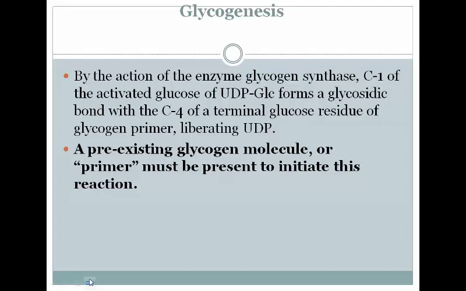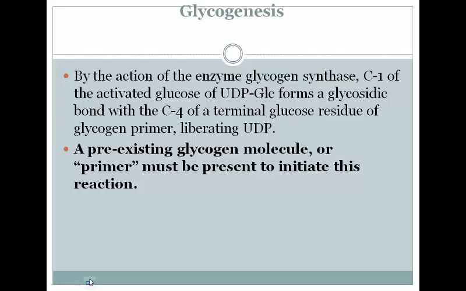So with this, the activated glucose of UDP glucose will form a glycosidic bond with its carbon 4, or there must be a primer. How the primer is formed, what the glycogen primer is, and how the reaction continues, we will see.